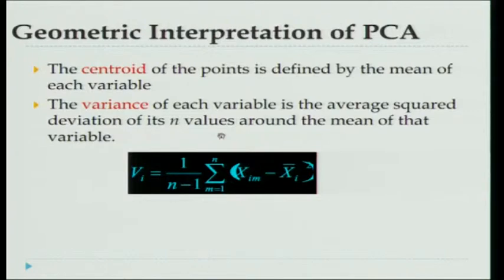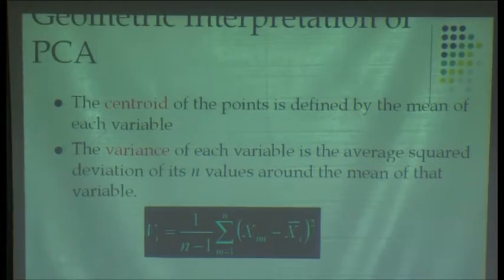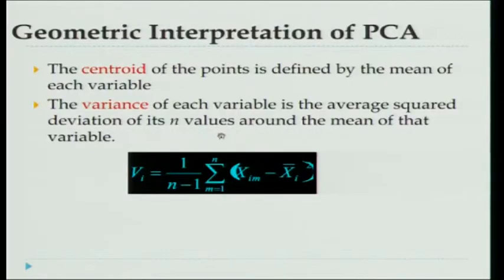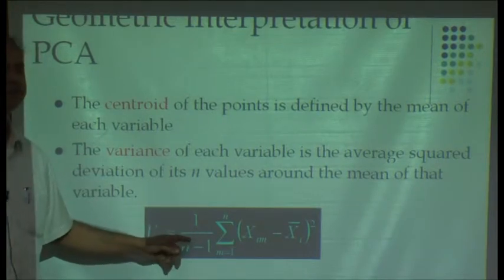Similarly, you know the term variance. Variance is nothing but the sum of squares of deviation of each variable from the mean, and then you take the average. You should have taken 1 by n, but do you remember why it is 1 by n minus 1?